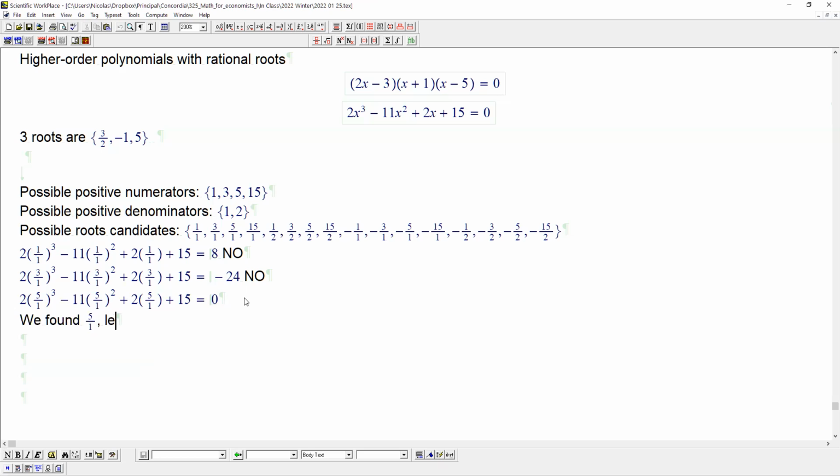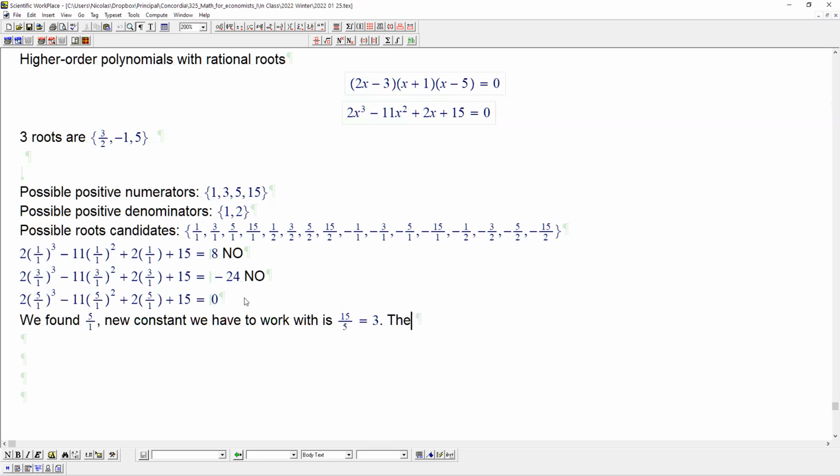Let's divide by this. So yeah, the new constant term we have to work with is 15 divided by 5 equals 3.